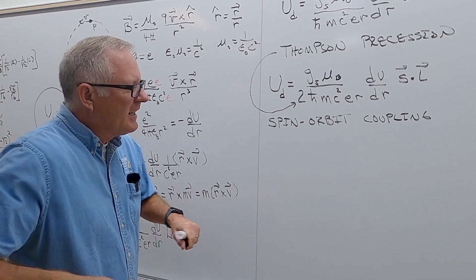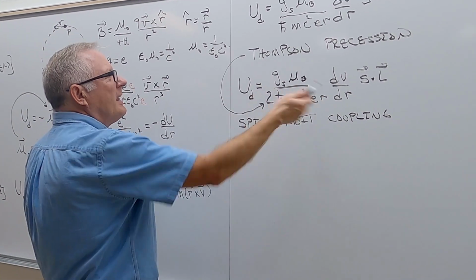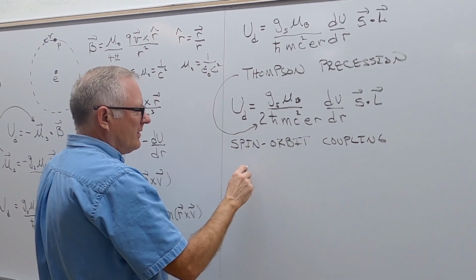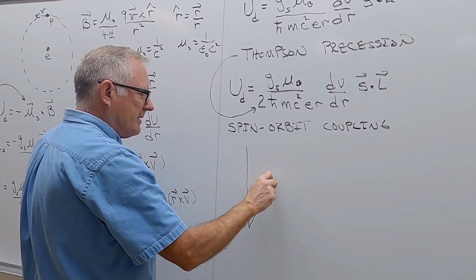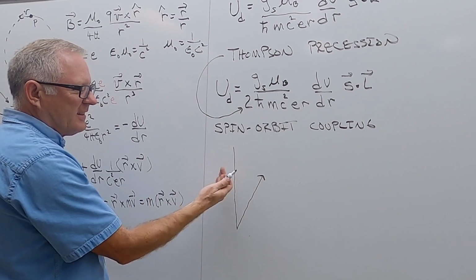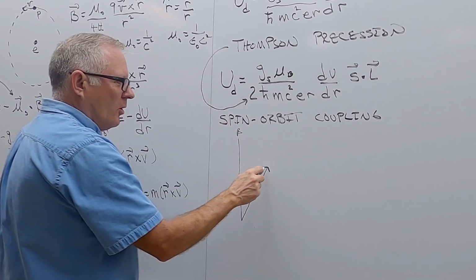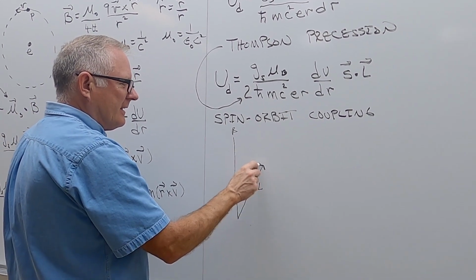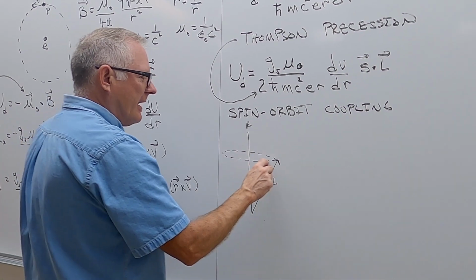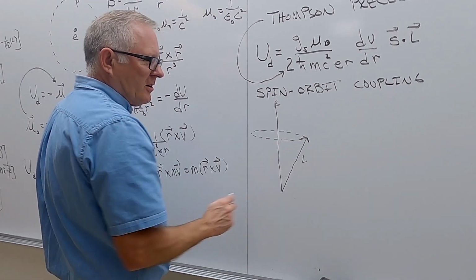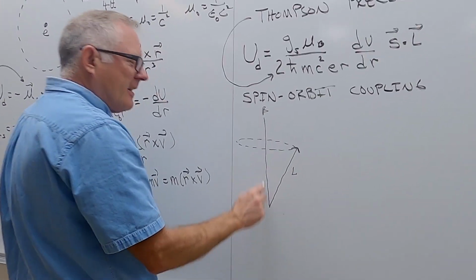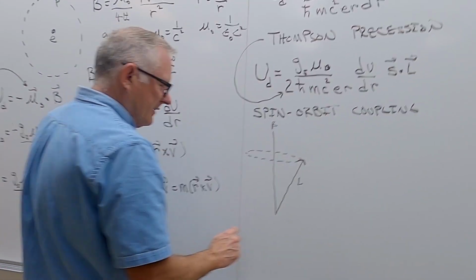Now, when we looked at the case without spin-orbit coupling, when we looked at the L, we said we had some L. When we put in a magnetic field, let's say in this direction, we had L going like this, and L was orbiting around like that, which meant the magnitude of L was a constant, and the z component was a constant.